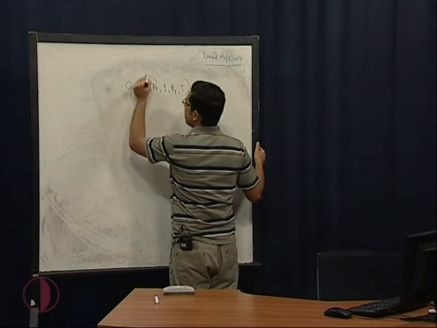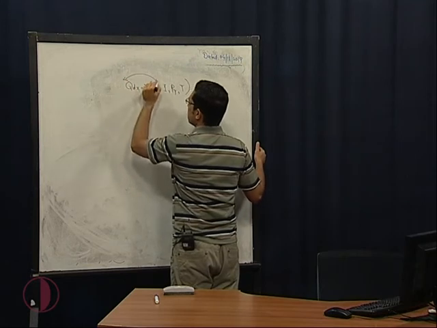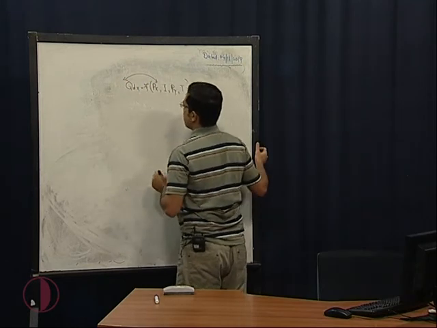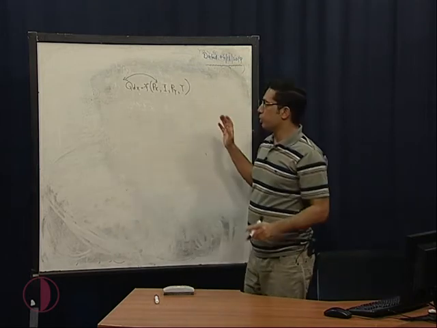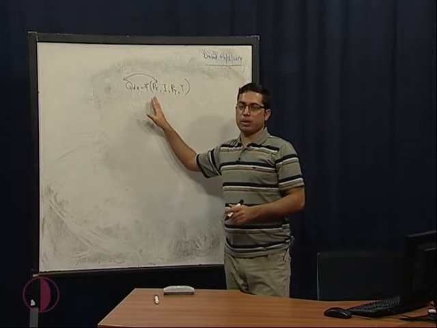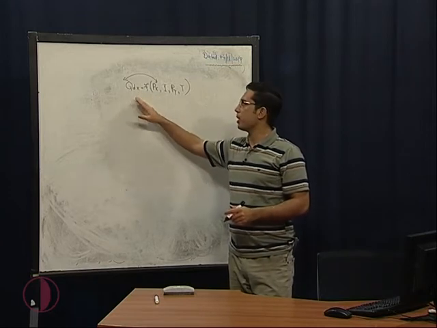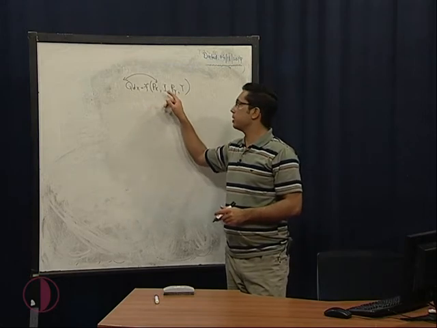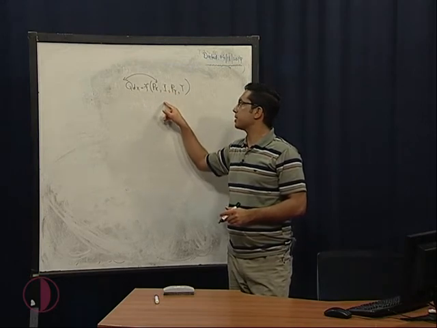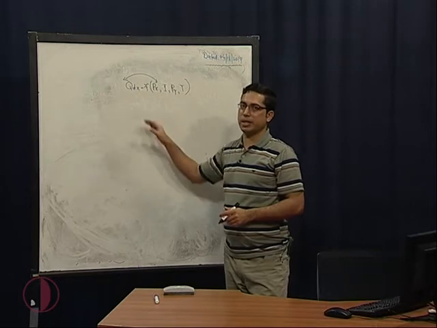Let me draw the relationship between these concepts. From the law of demand, we know that if the price of a commodity increases, the quantity demanded decreases, and if the price decreases, the quantity demanded increases.